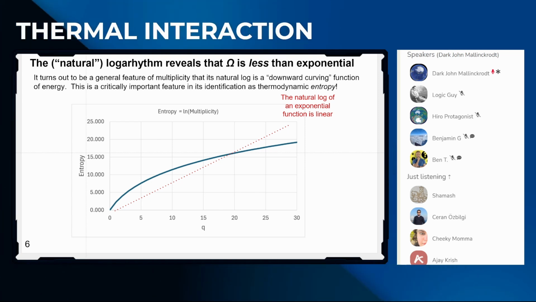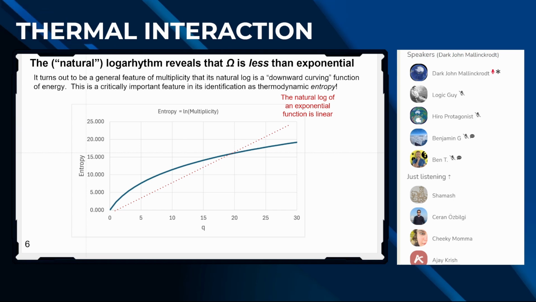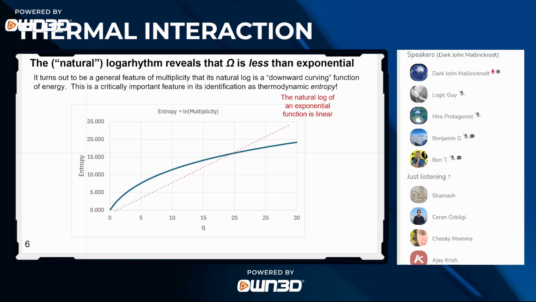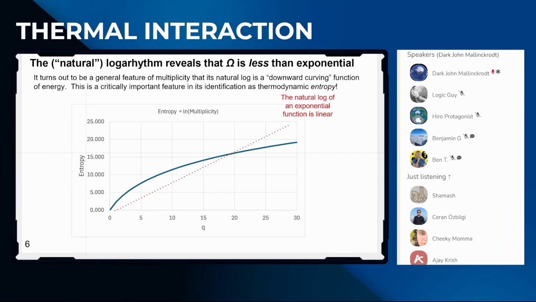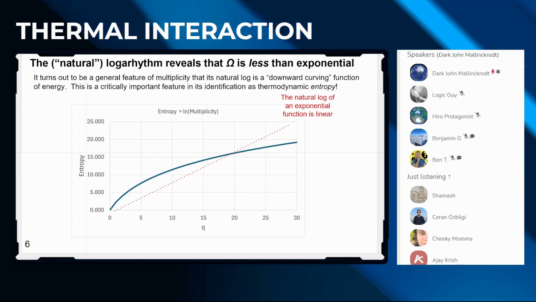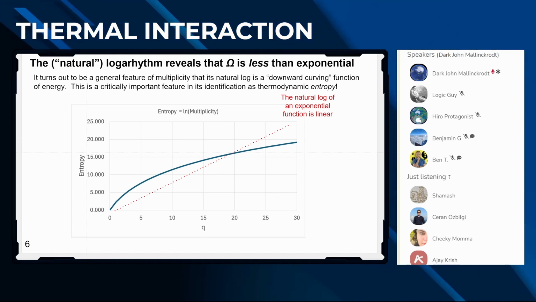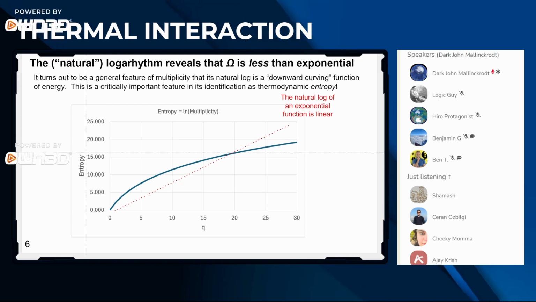So let's move on to 7 now. We have been talking about a single Einstein solid, and now we know the entropy, go back to 6 for a second, is just the natural log of the multiplicity function. It's the way that thing depends on how much energy is put into that solid, because Q is just an integer that represents how much energy I'm storing in the solid.